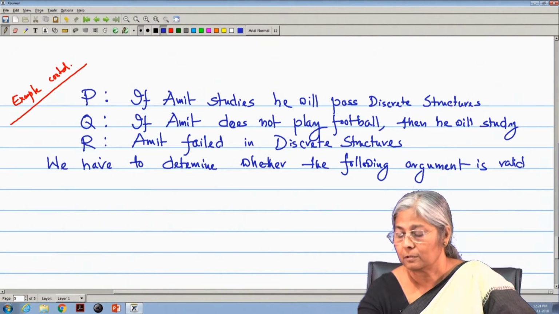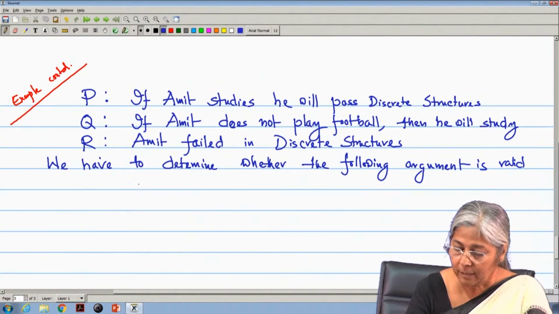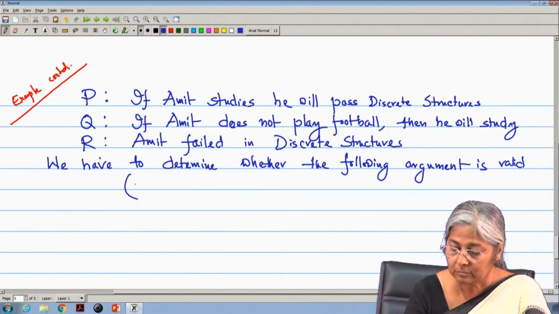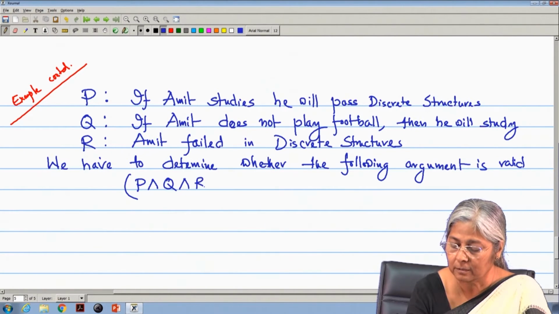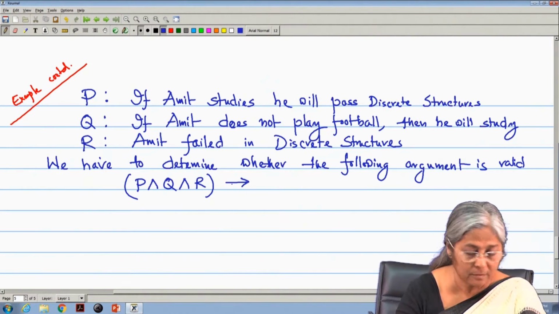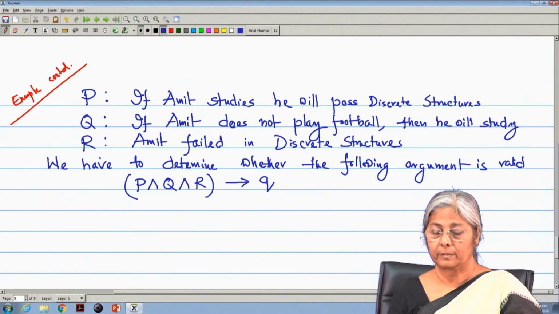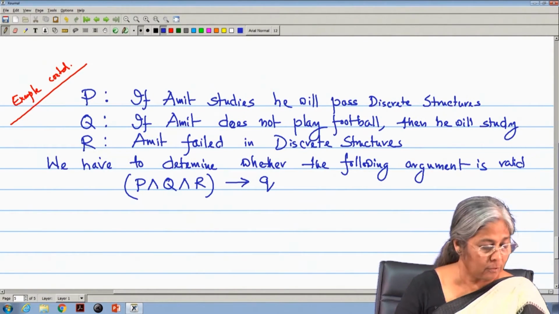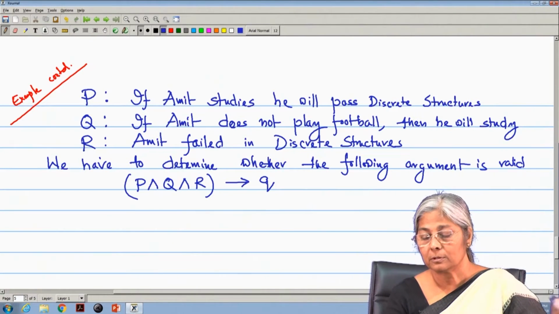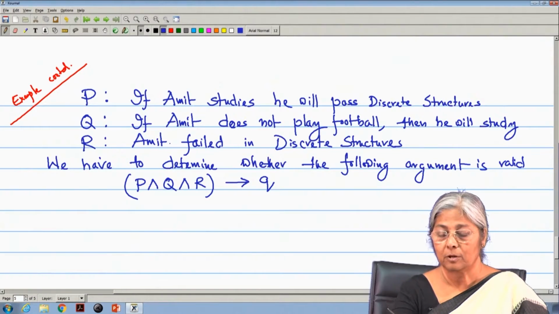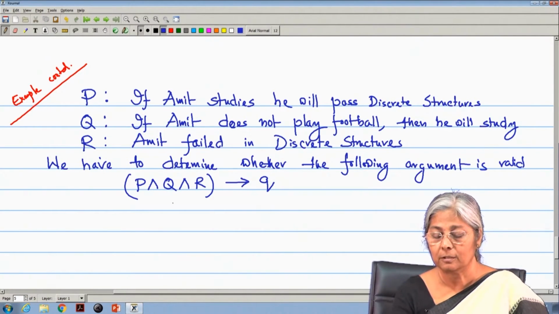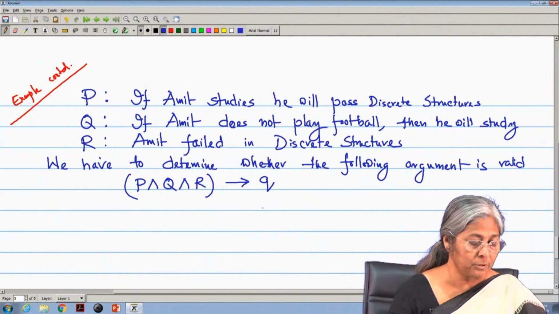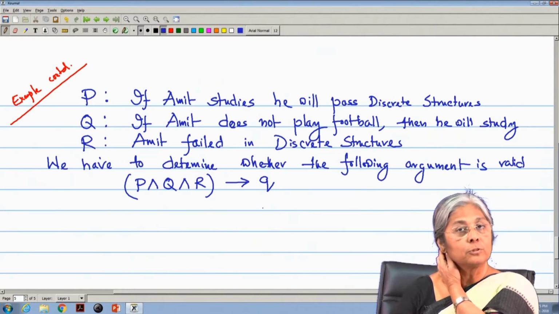That means, the argument we write in conventional form: P and Q and R, this implies small q. These are compound propositions connected with the logical connective conjunction, which implies q, and q is Amit plays football. So, we have to check this.